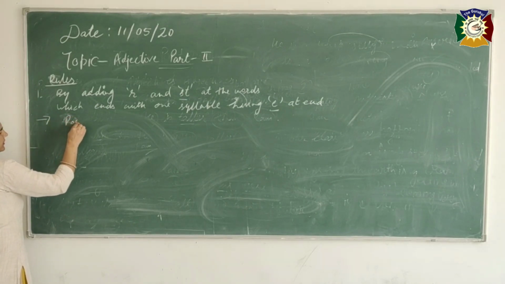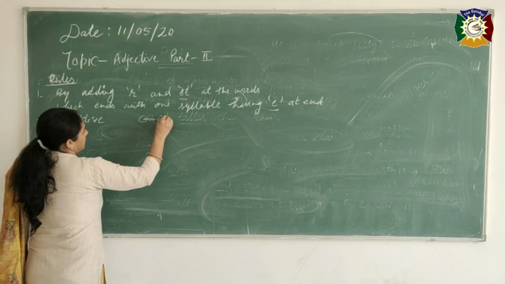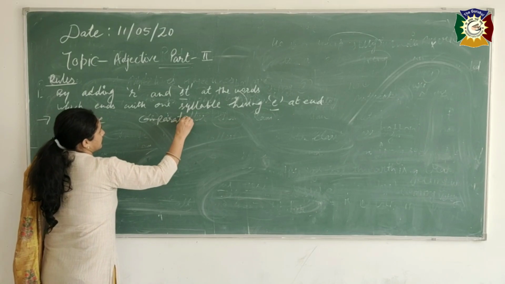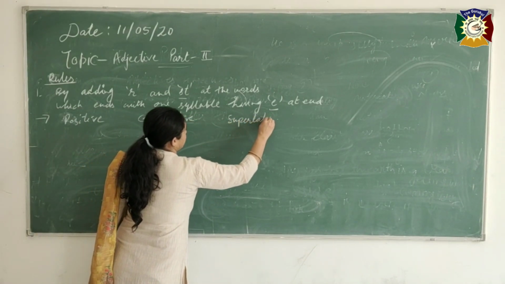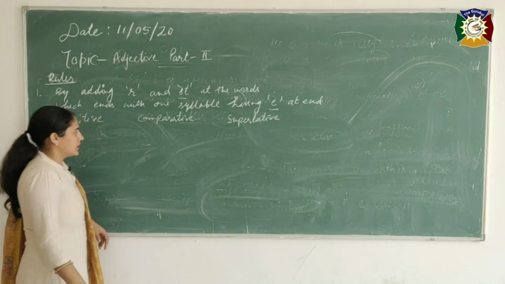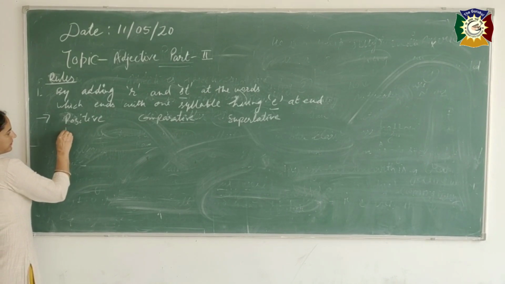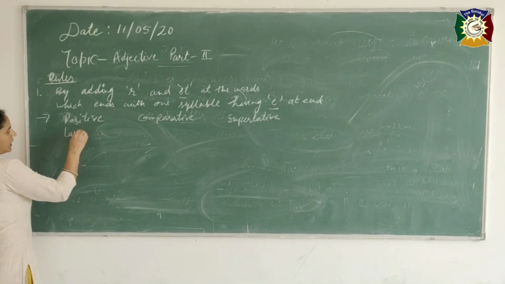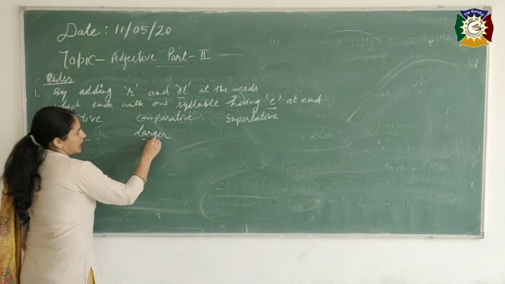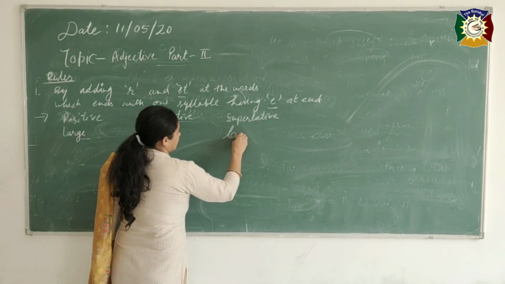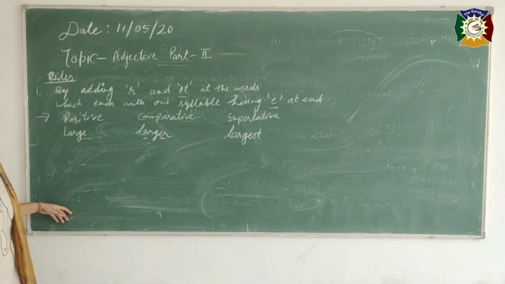First of all we write positive, then comparative, then superlative. These are our degrees to compare things. We are taking the words that end with E. Large, larger, largest.